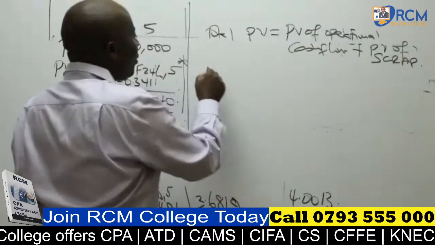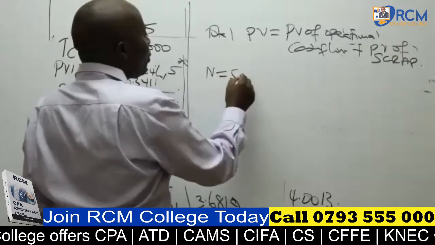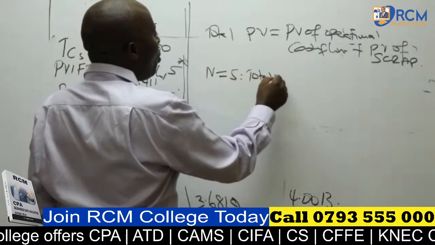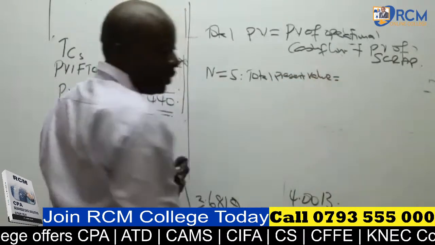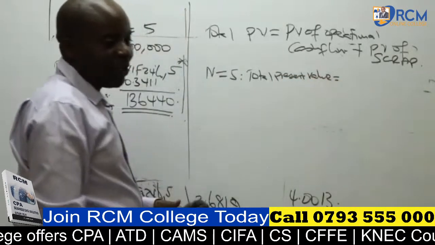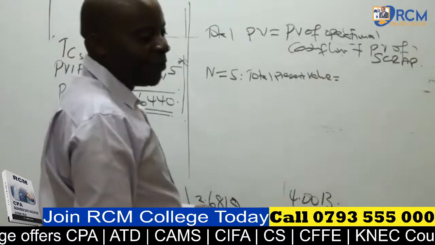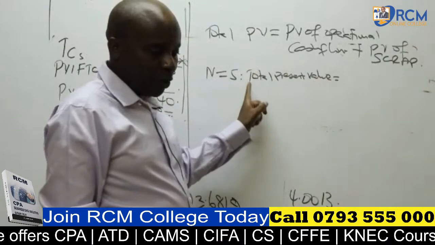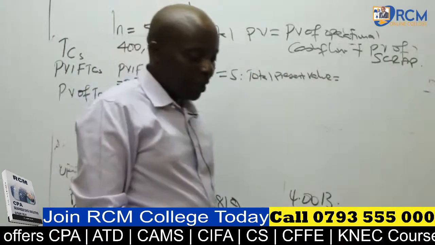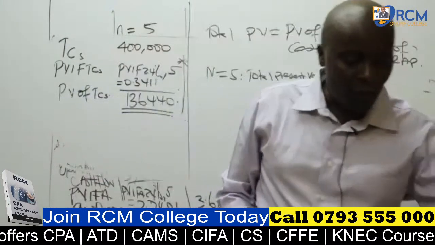Starting with N equals 5, the total present value will be equal to what, somebody, when N equals 5? If you're using this, what will be the total net present value?